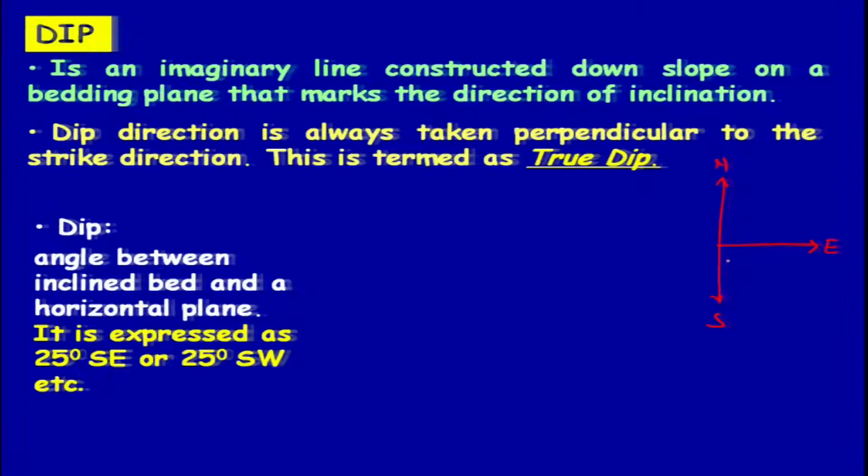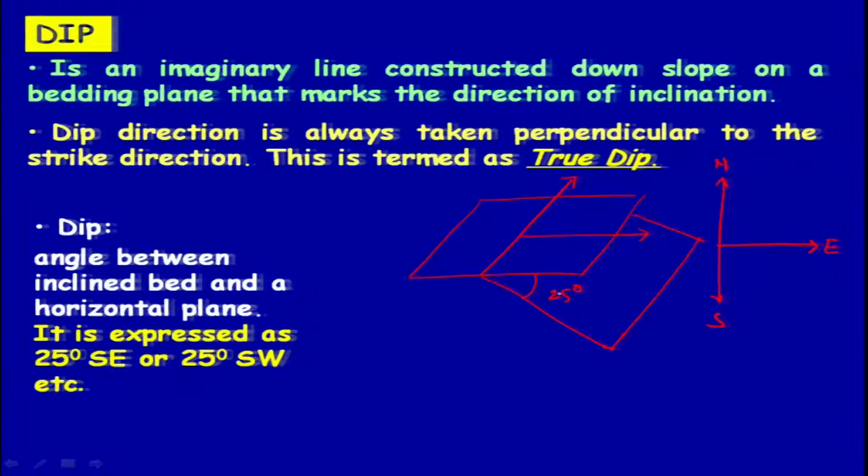And then the amount of dip, as I told, is taken with respect to the horizontal plane, and you have the inclined plane here, then this will be your amount of dip. So for example, 25 degrees and dipping towards whatever quadrant you come across. This will be your strike, dip direction will be this, and amount of dip will be this one.